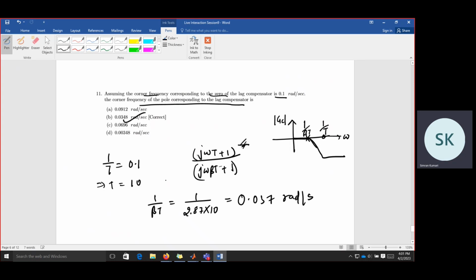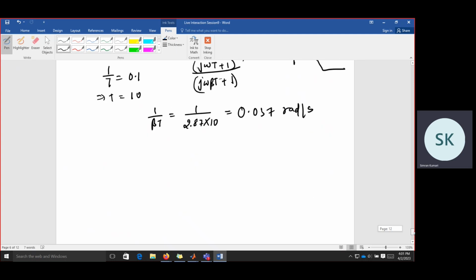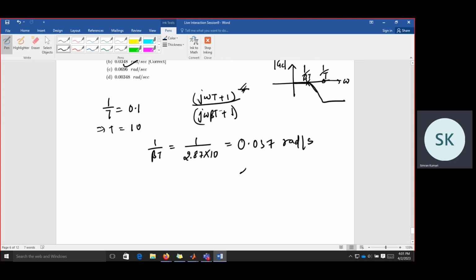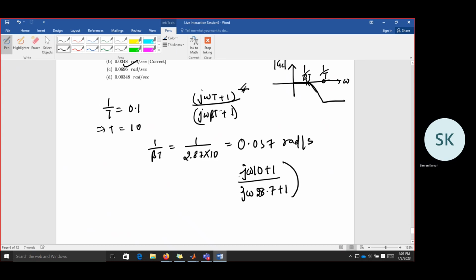This is approximately this one. So what is the overall transfer function of this lag compensator? This would be (j omega 10 plus 1) by (j omega 28.7 plus 1). This is the G lag, or GC.